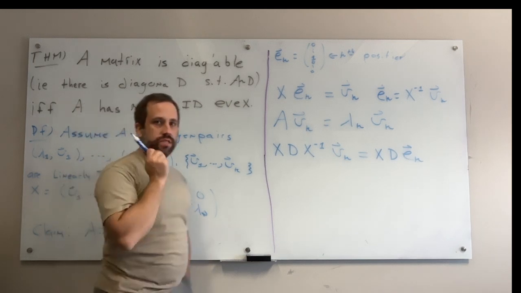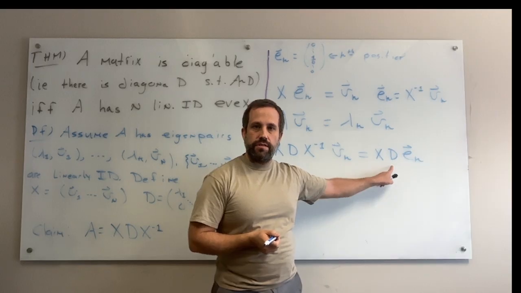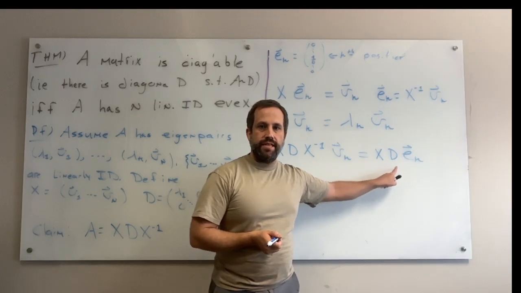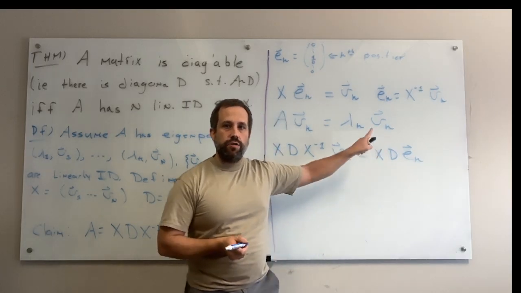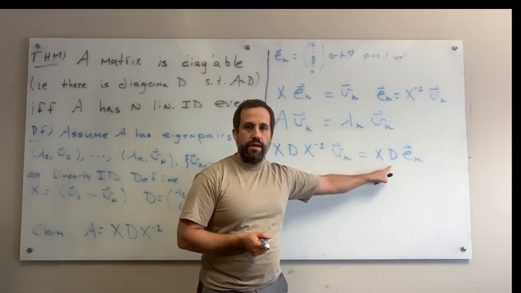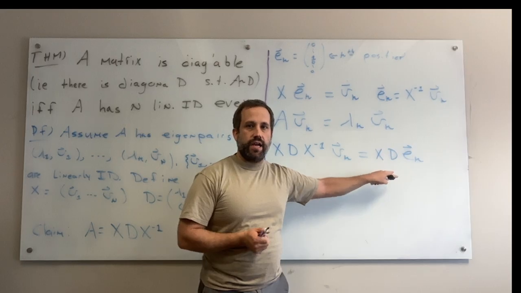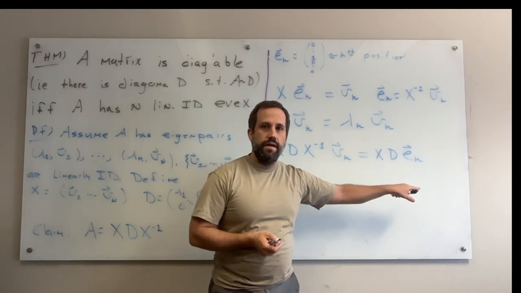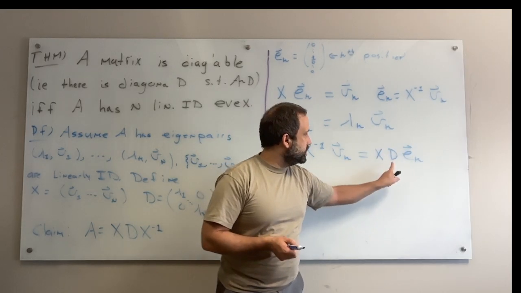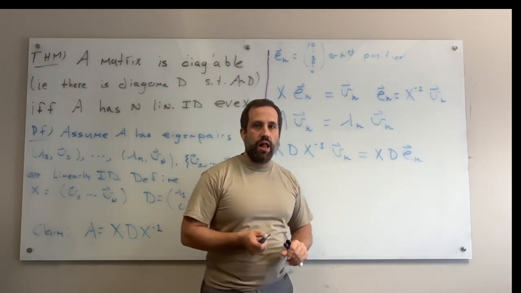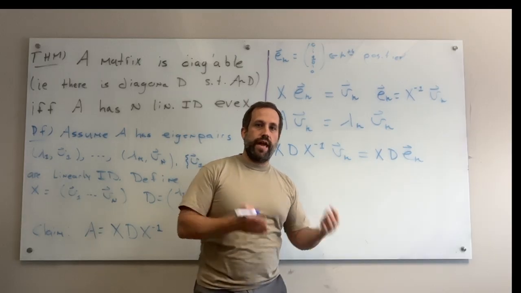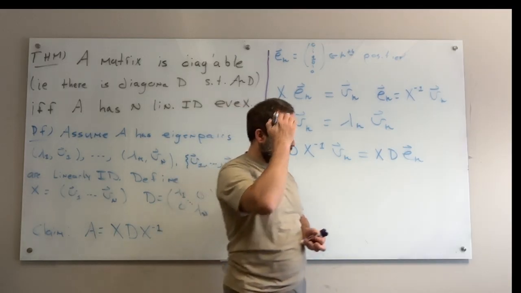Let's think about what's going to happen here. D is a diagonal matrix. D times EK is going to be 0 times the first column of D, plus 0 times the second column of D, plus dot dot dot, plus 1 times the kth column of D, plus 0 times the k plus 1 column of D, and so on and so forth.